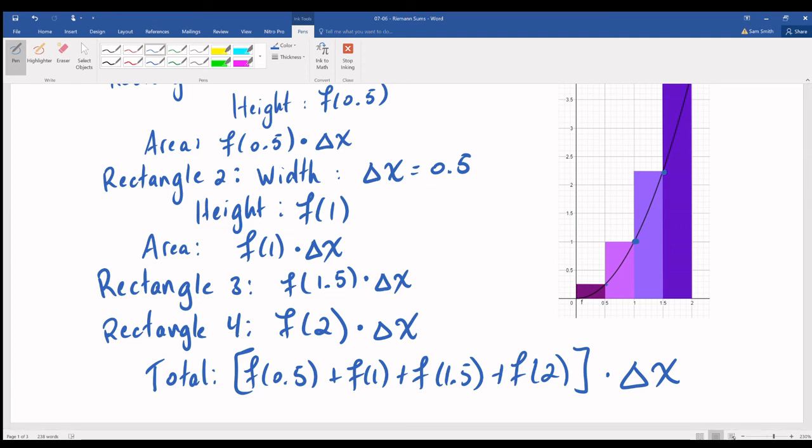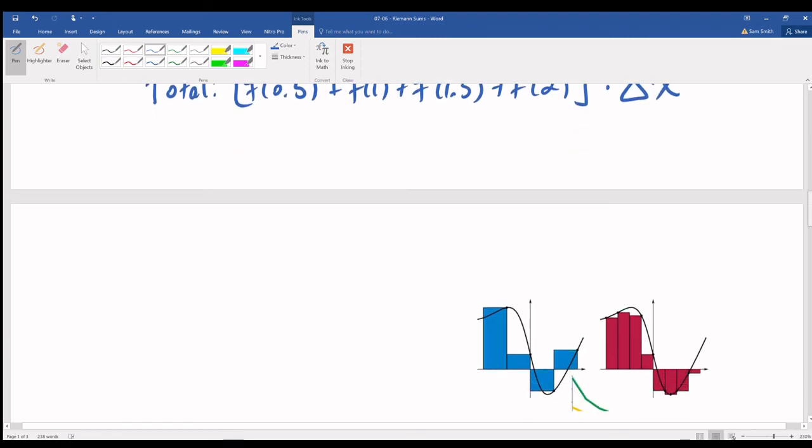This would be an estimate. Now this was an extremely bad estimate, and we can see just how much of an overestimate it is, because much of these rectangles are exceeding the region that we want to estimate.